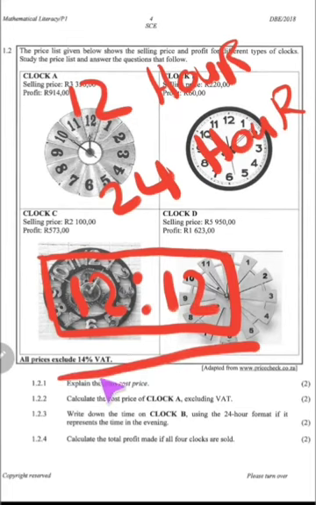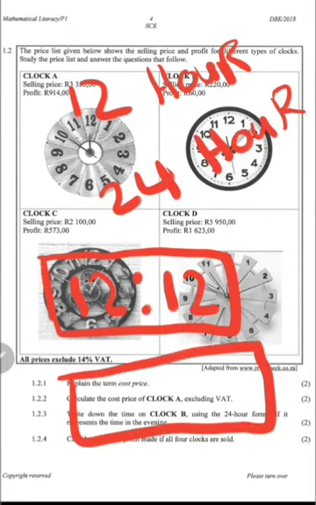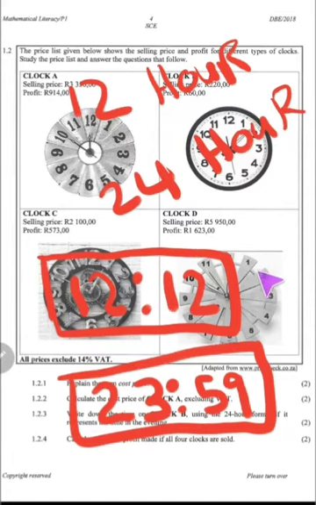If it's in 24-hour format, then it can go above the 12. 23 would be the highest. As soon as it reaches 24, then it will be 00, 0 hours, 0 minutes. So this is the difference between 12-hour and 24-hour format when it comes to digital clocks.